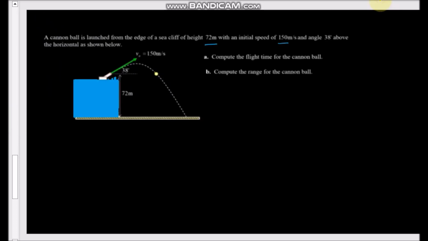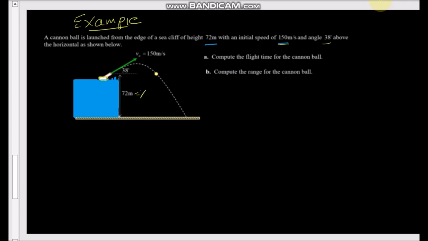Alright, let us solve the following example. Here is our example. A cannonball is launched from the edge of the sea cliff of height 72 meters with initial speed 150 meters per second and angle 38 degrees above the horizontal, as shown below. Assume this ball is projected above a certain height.